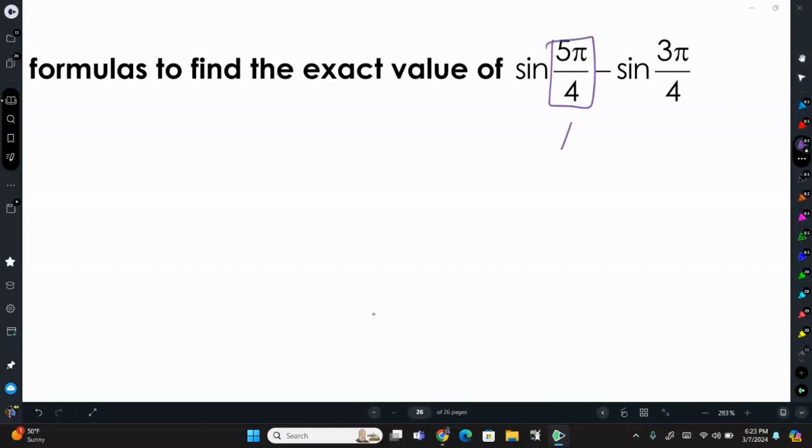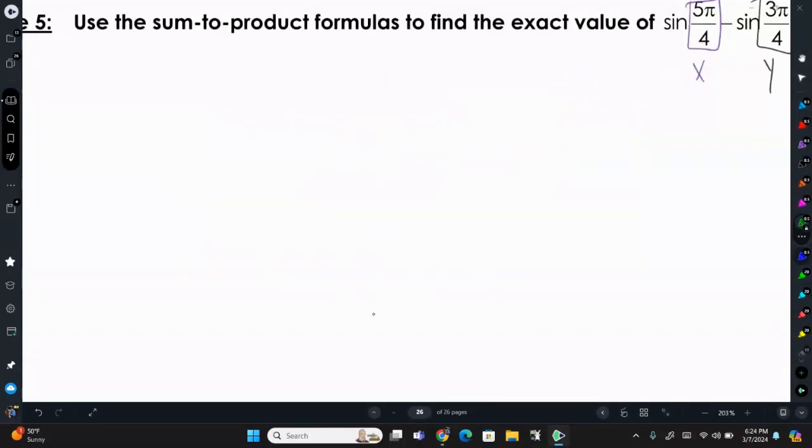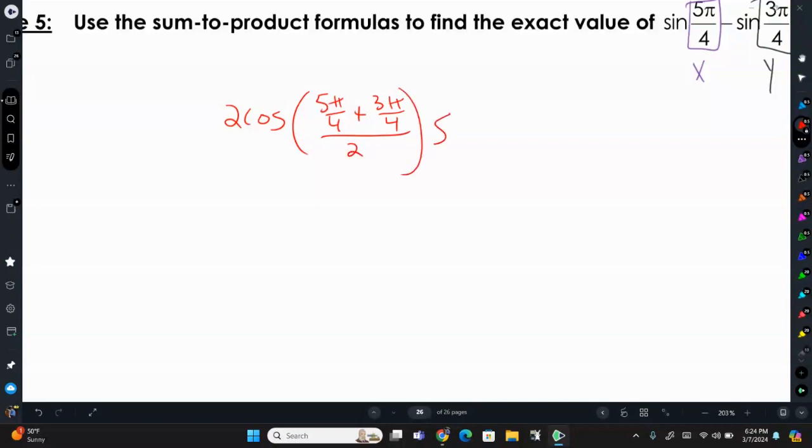And this would be, our first angle is our x, and our second angle is our y. So in our formula, it's 2 cosine of 5 pi over 4 plus 3 pi over 4, because it says x plus y over 2, times the sine of 5 pi over 4 minus 3 pi over 4, because it's x minus y over 2.